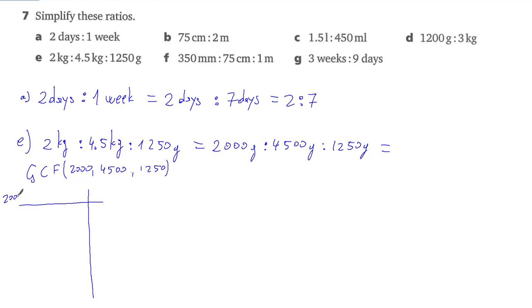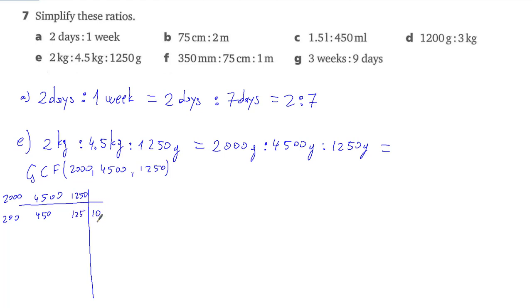So we have 2,000, 4,500, and 1,250. So we can try directly by starting from the smallest one, by 2, but we will get some complicated numbers, so it won't be easy to work with those numbers. Let us directly try and divide by 10. So we will have 200, 450, and 125.